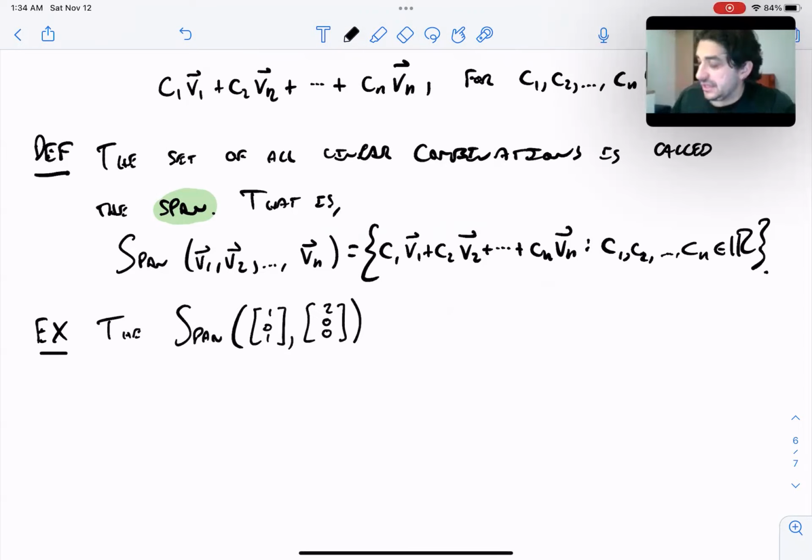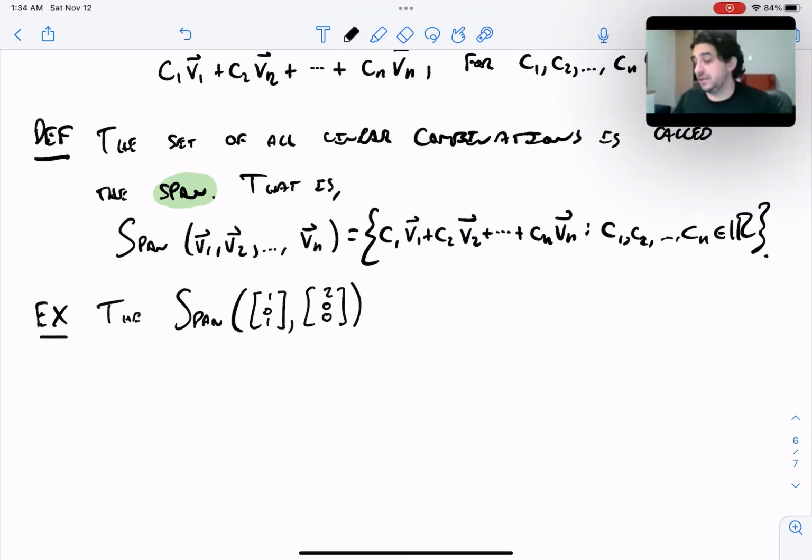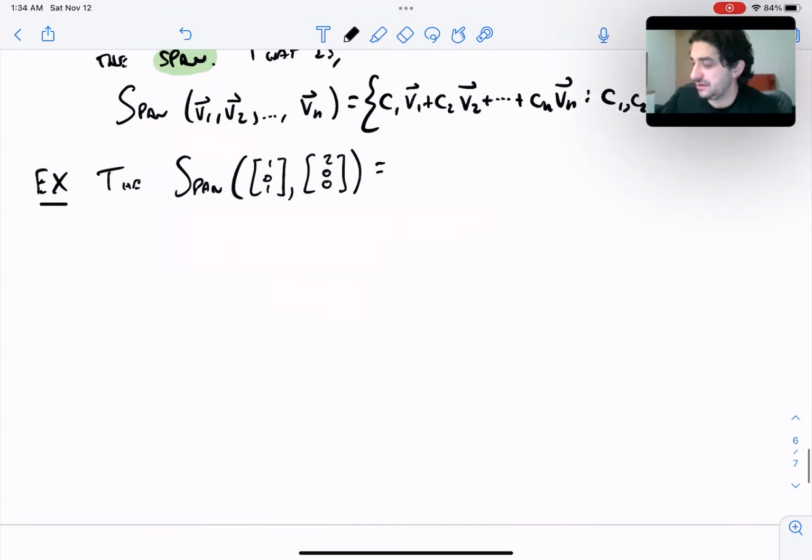So you take the span of (1, 0, 1) and (2, 0, 0). What is that? Here we are in R3. You can see that those vectors are elements of R3.